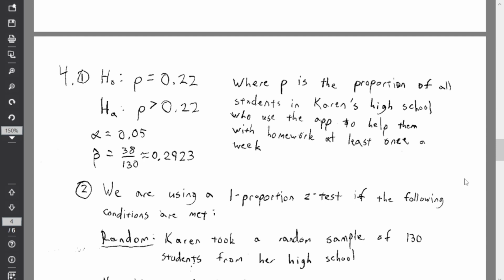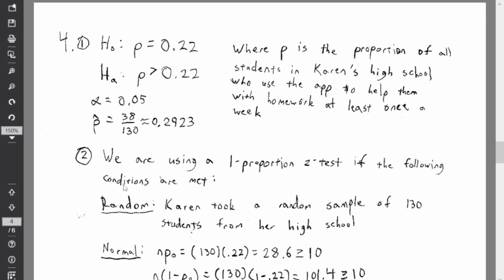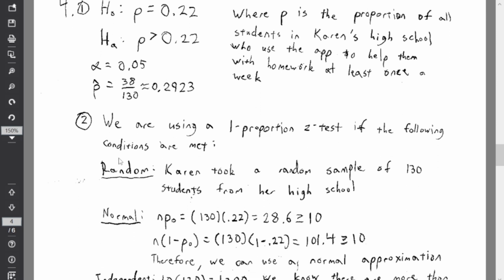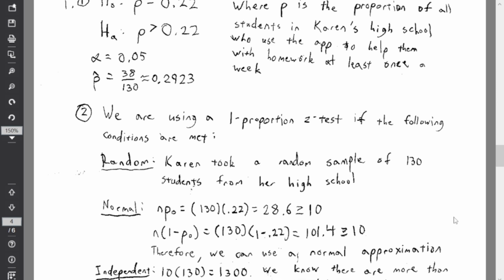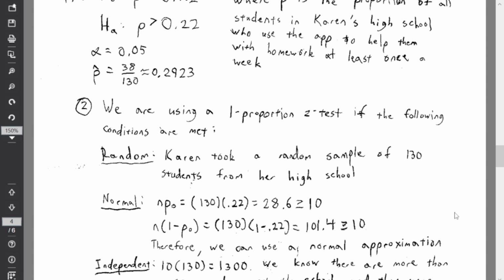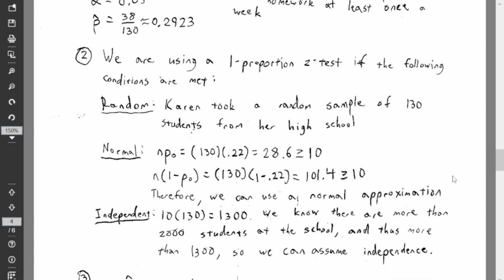We're assuming that the null is true. So we're looking at that distribution. So that's why we're using the 0.22 there. So 130 times the 0.22, 130 times the 1 minus 0.22, both are at least 10. So we can approximate a normal distribution. And then for independence, we take 10 times our sample size of 1,300. Is that smaller than the population? Well, the population is a high school with more than 2,000 students. So therefore, we can assume independence.